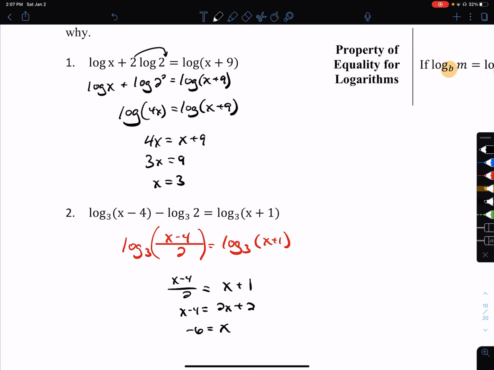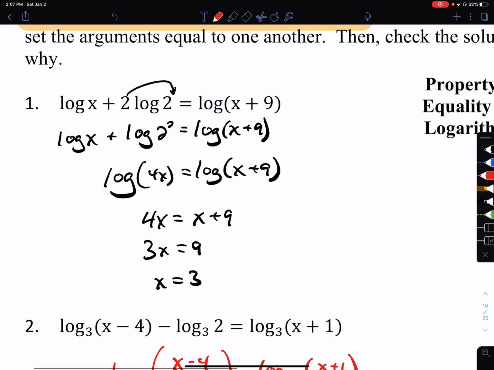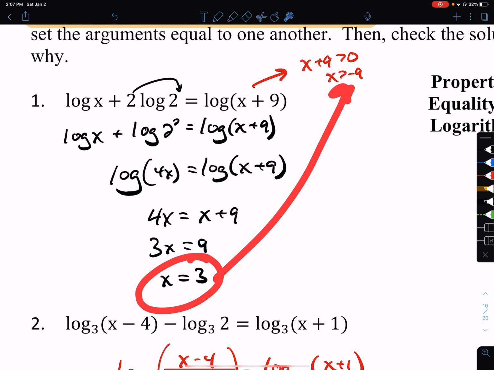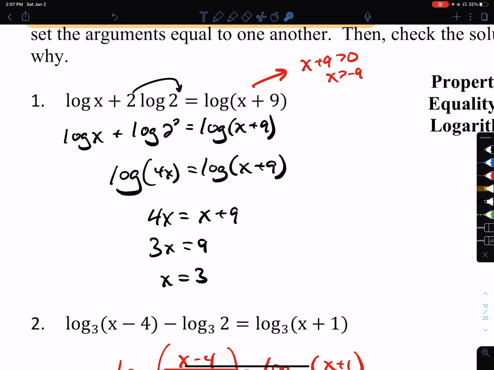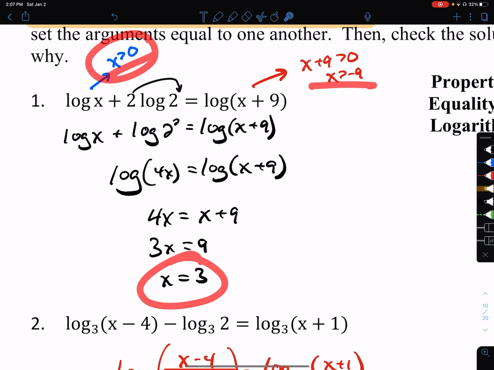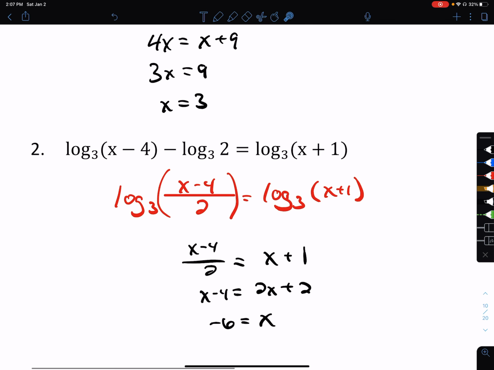So what I'm saying by that is, at the beginning, we probably want to say, hey, by the way, x plus 9 must be bigger than 0. Therefore, x must be bigger than negative 9. If this answer is not bigger than negative 9, then the answer doesn't work. Similarly, over here, this has to be bigger than 0. If it's bigger than 0 and bigger than negative 9, it just means it has to be bigger than 0, which this is.